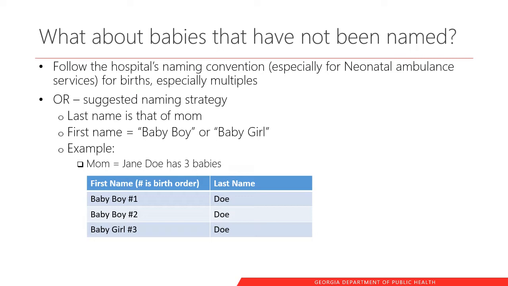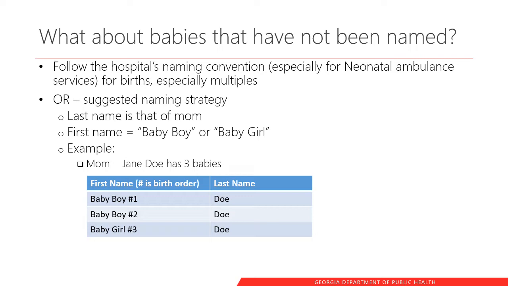Otherwise, you can use this kind of naming convention. So let's say Jane Doe has 3 babies. You would name them in order. So if it's baby boy number 1, baby boy number 2, baby girl number 3. So even though that baby girl is the 3rd baby, but the first girl, generally you would name it by the birth order. So you would say baby girl number 3, even though she's not the 3rd girl, she's the 3rd baby if they're having triplets.